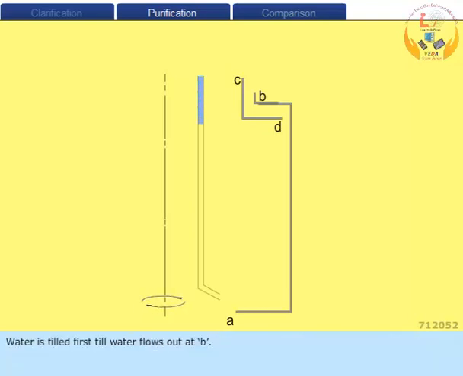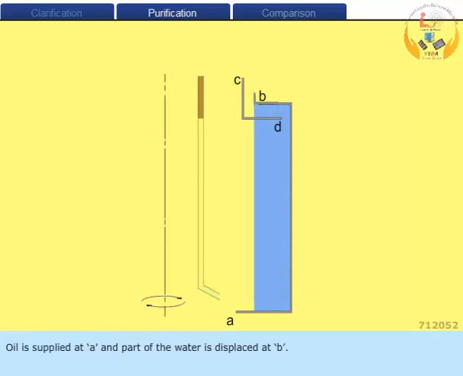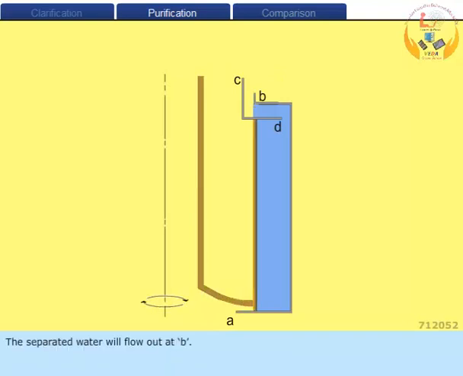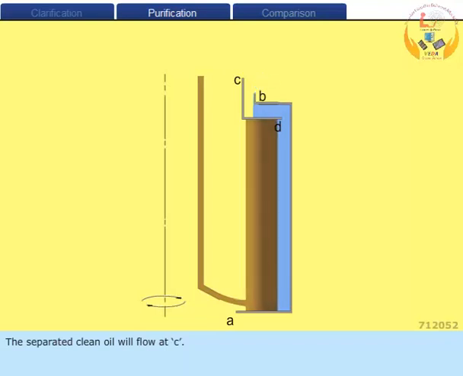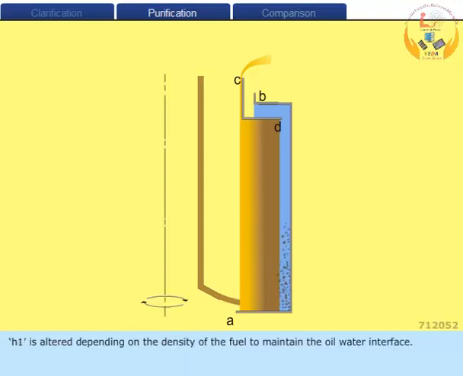Water is filled first till water flows out at B. Oil is supplied at A and part of the water is displaced at B. The separated water will flow out at B. The separated clean oil will flow at C. H1 is altered depending on the density of the fuel to maintain the oil-water interface.